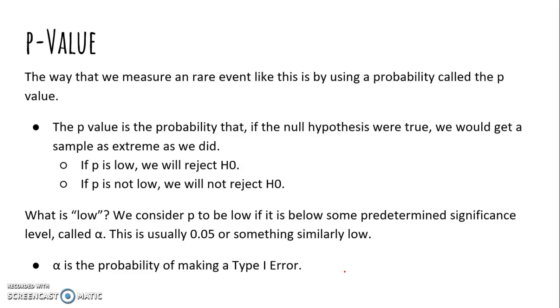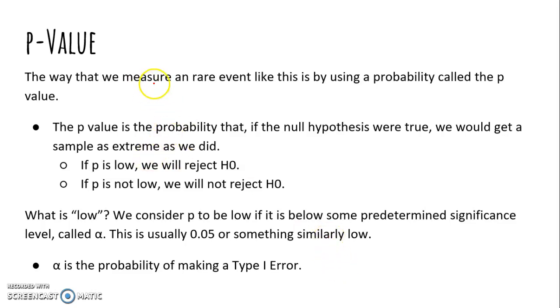How likely was that result in happening if your null assumption was true? And that probability that we find is called the p-value. That's the probability that our sample results would occur given that the null is true. How likely it is that it would occur.